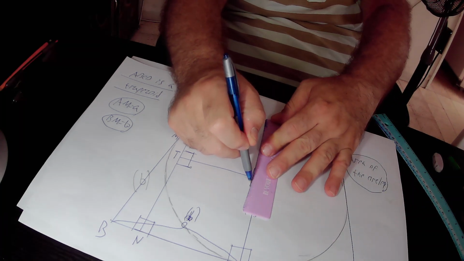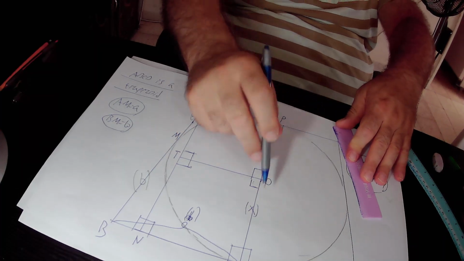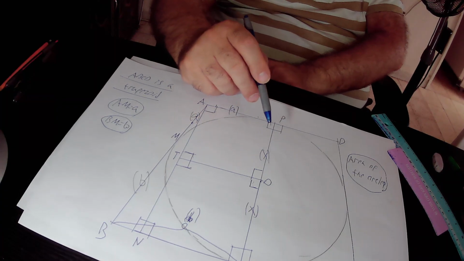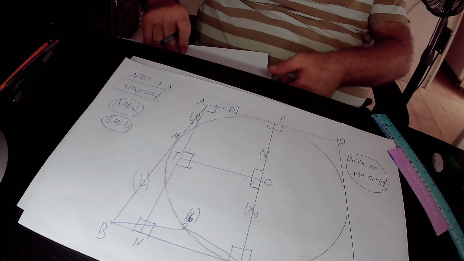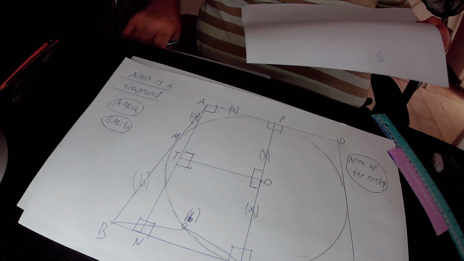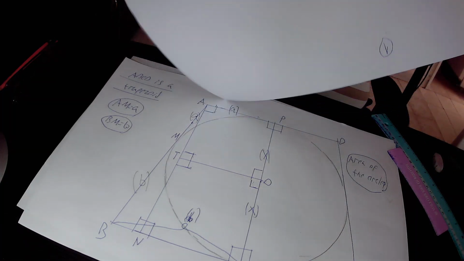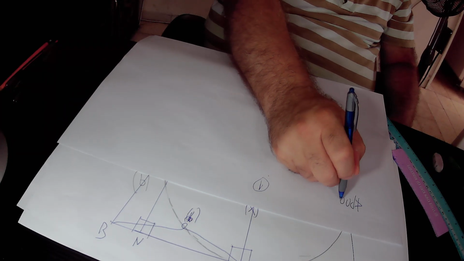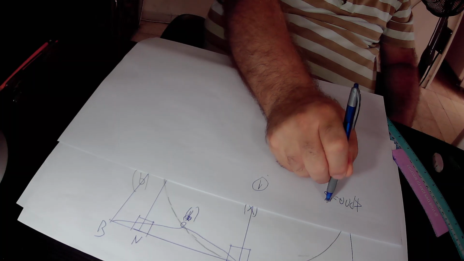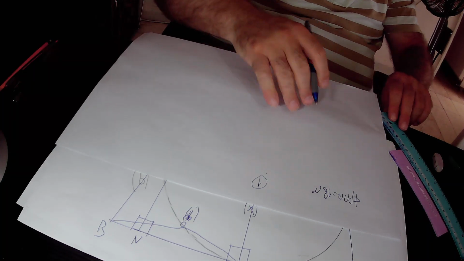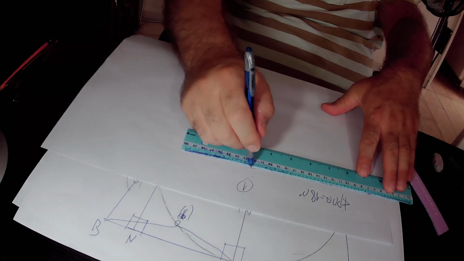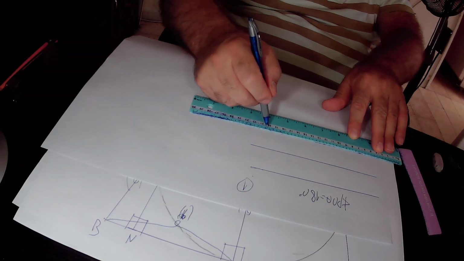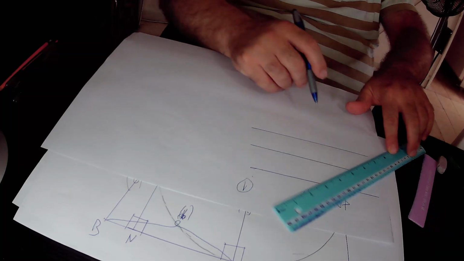So we found out that the size of the big angle POQ is equal to 90 degrees plus 90 degrees, that is 180 degrees. So I write it down: the big angle POQ is equal to 180 degrees in its size, and we know that any angle that is equal to 180 degrees in its size is a straight line.